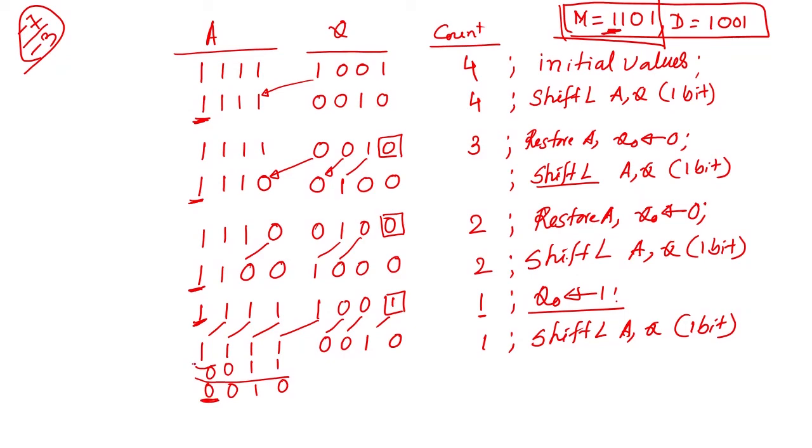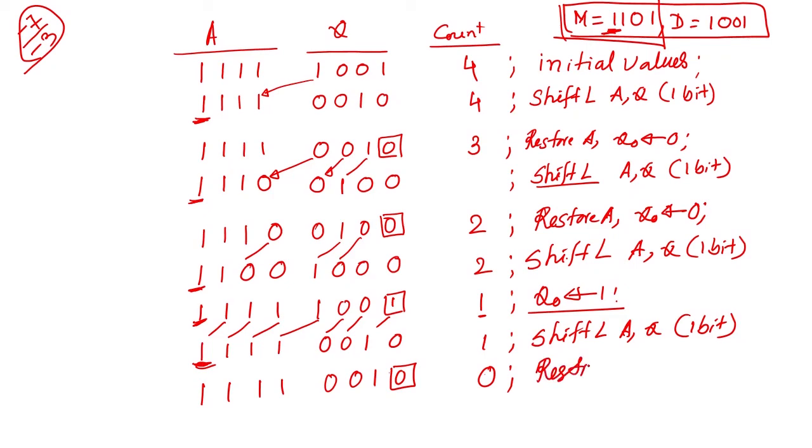So, this sign is the same. So, unsuccessful. If it is unsuccessful, then you have to restore the previous value. So, you restore it and then put the value 0 here, put 0 here.